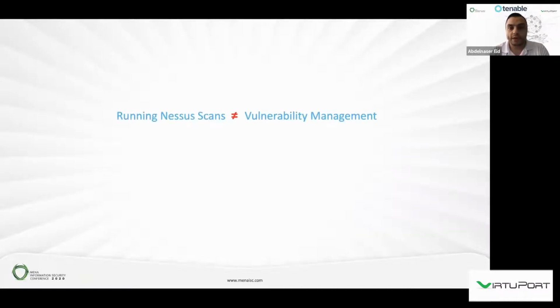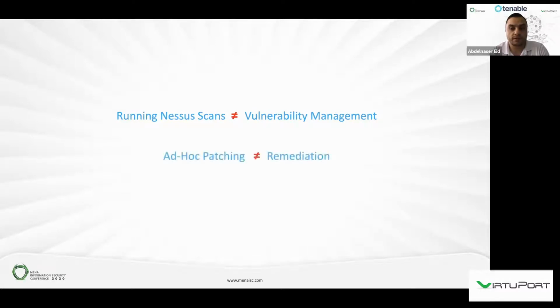So if we go back one step and see how people usually look at vulnerabilities, most of the time they just do an ad hoc scan of their environment, and they think that it is a good approach. Running ad hoc scans or a vulnerability assessment doesn't mean that we have a full and mature vulnerability management program.